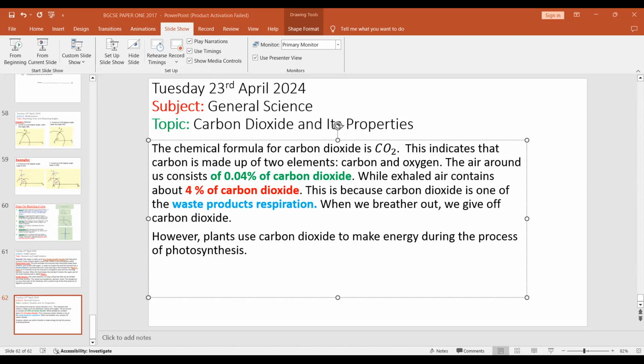So they use carbon dioxide along with water in the presence of sunlight and chlorophyll to make food. So plants need carbon dioxide for photosynthesis, but we get rid of carbon dioxide in respiration.